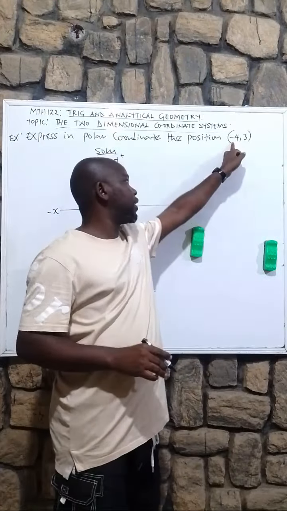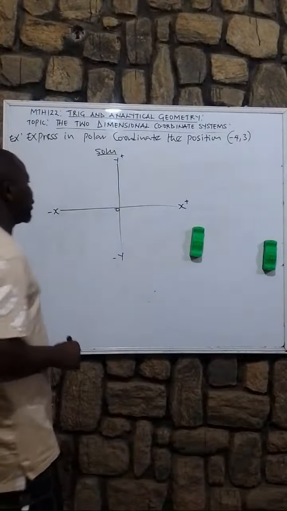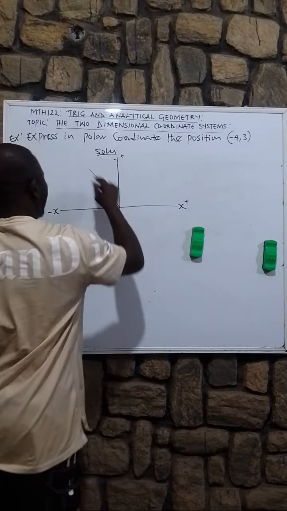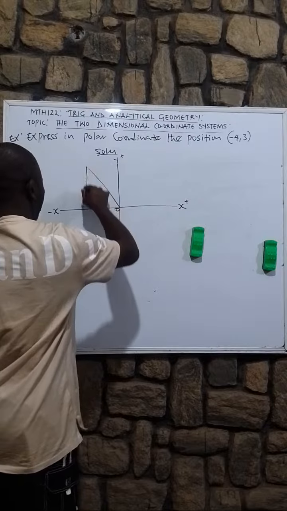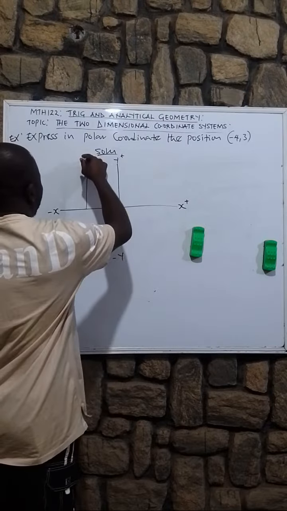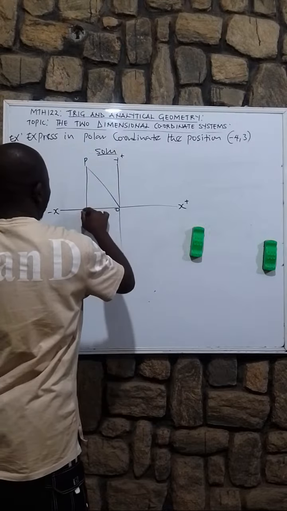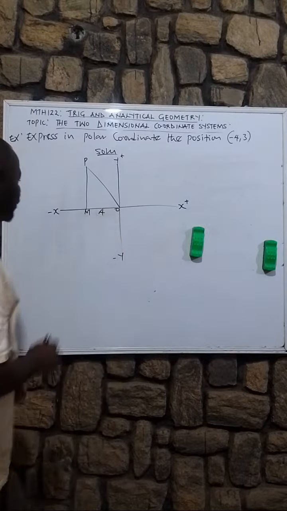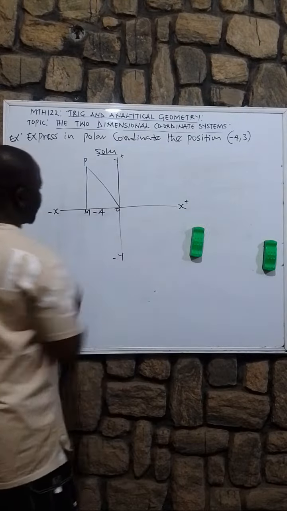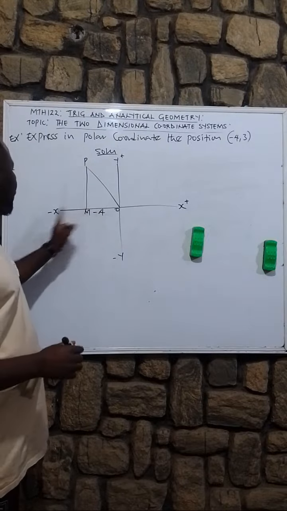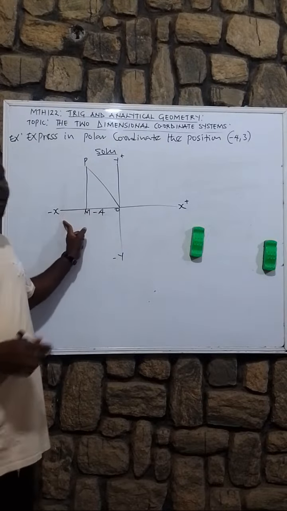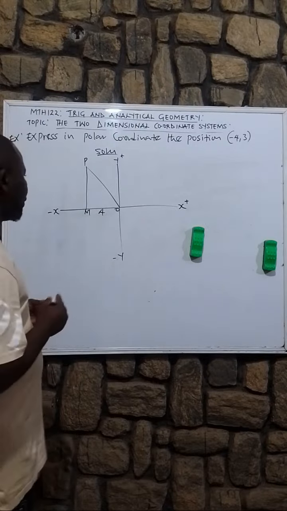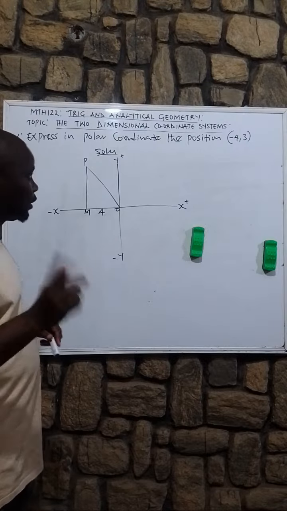The position of x is on the negative side, true or false? So let us have it on the negative axis. So let us assume your point P, 4. It is not necessary to put minus, because it is already in the negative. Please take note. Is that clear? So you have to be smart and take note.